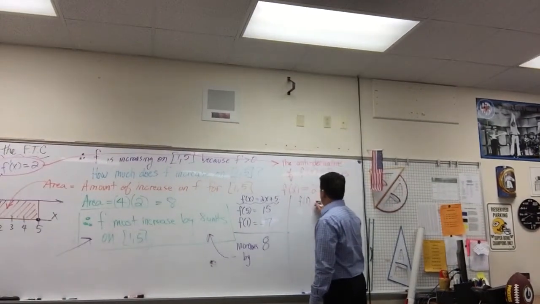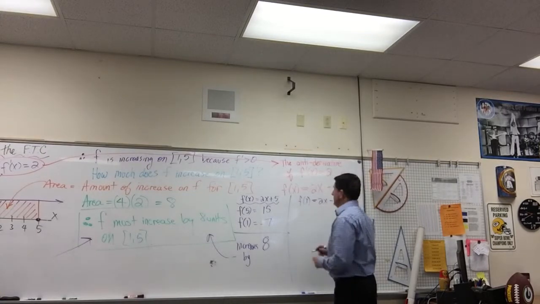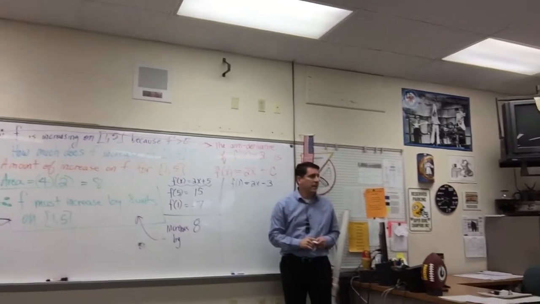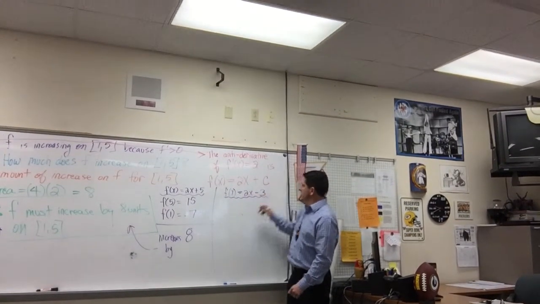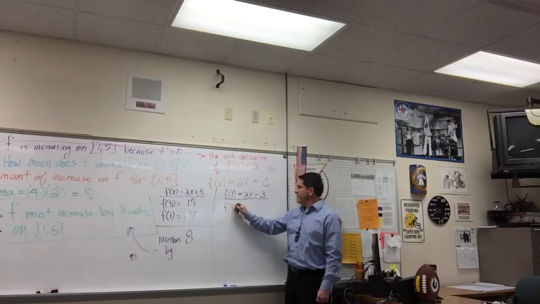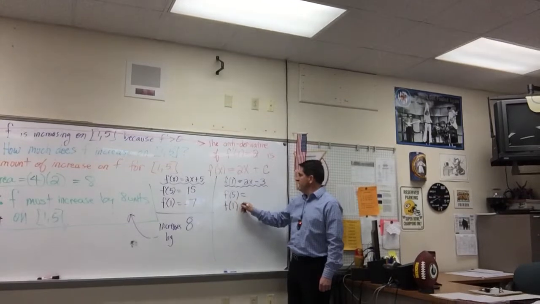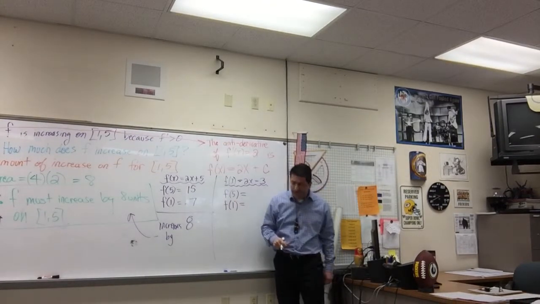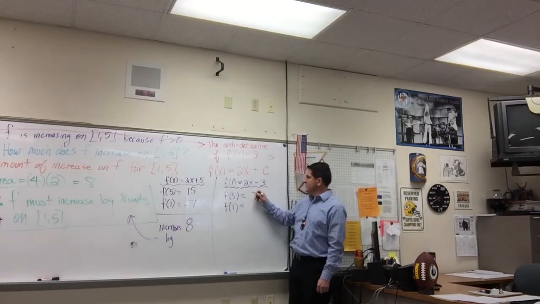So let's do another one. f of x equals 2x minus 3, because the c can be negative too. So f of 5 and f of 1. What's f of 5? 7.